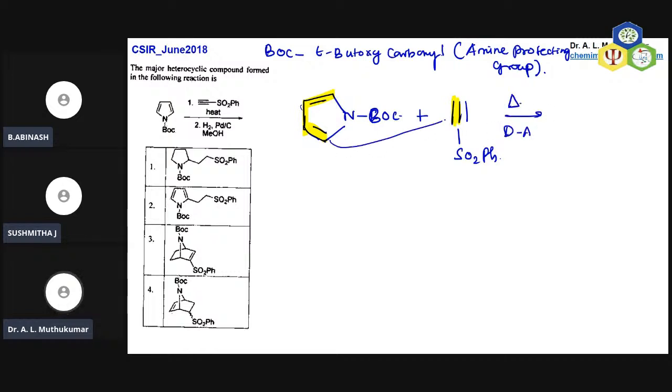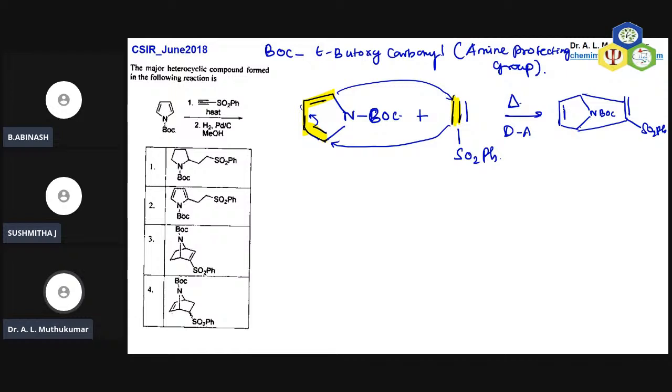So what is happening here? This electron is attacking here. I'm sorry, this electron is moving here, and this will be moving over here, and this double bond will be shifting here. As a result of this, you will be getting N-BOC, and this triple bond becomes a double bond here, that is SO2 phenyl, and there is a bond between these two carbon atoms.